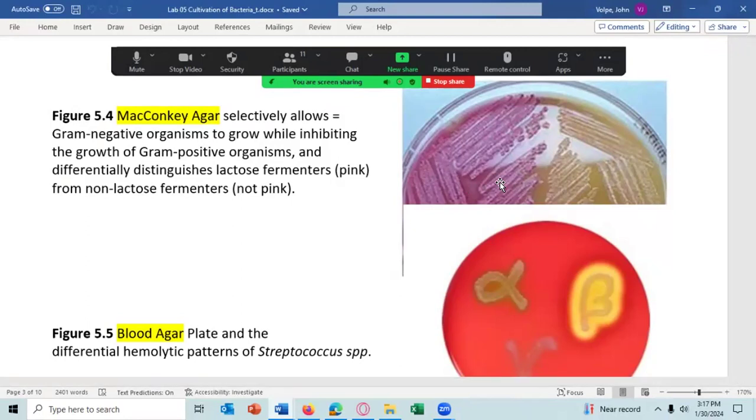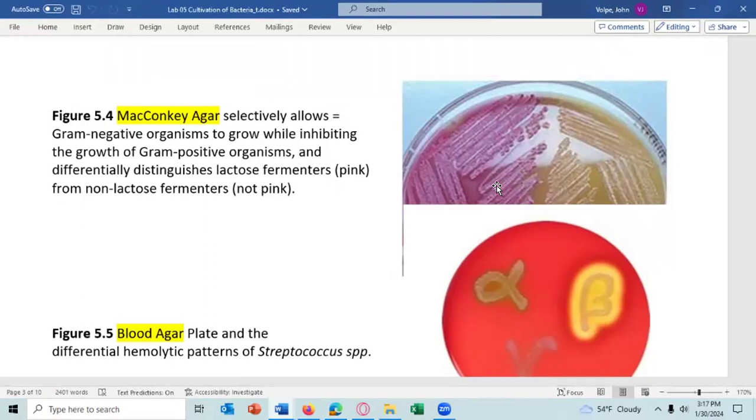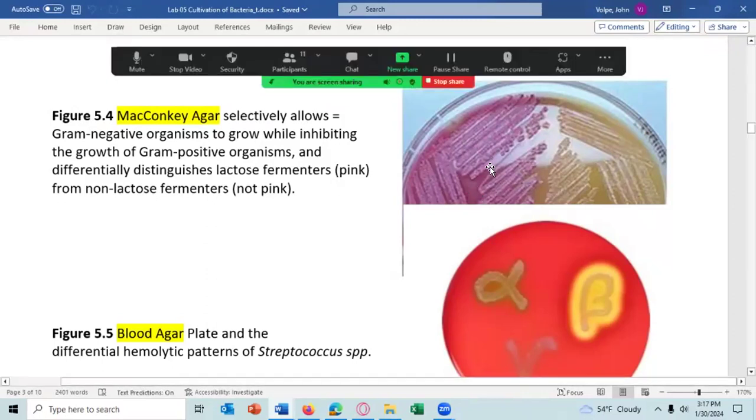And MacConkey's can also be differential, differentiating the cells on their ability to ferment the sugar lactose. If the bacteria can ferment the sugar lactose, the bacteria will grow pinkish on the MacConkey's agar.